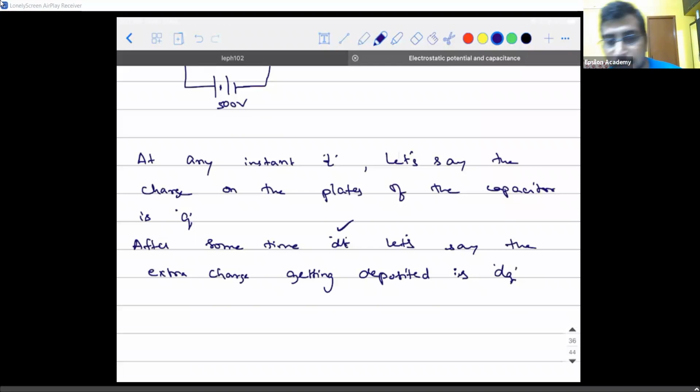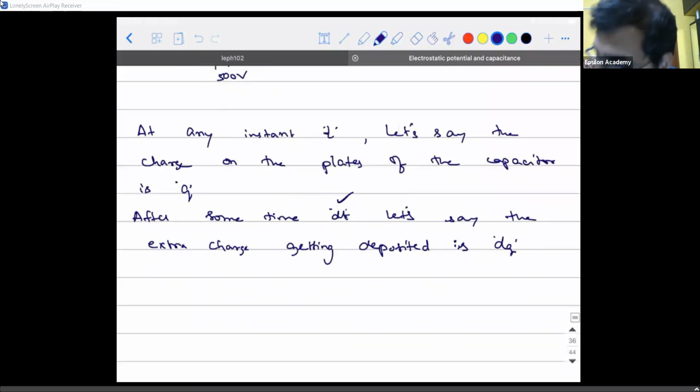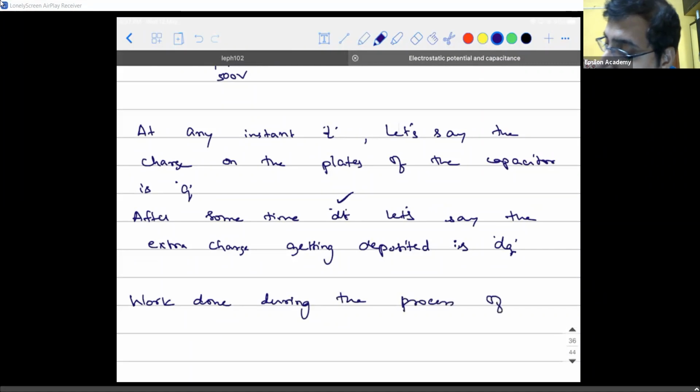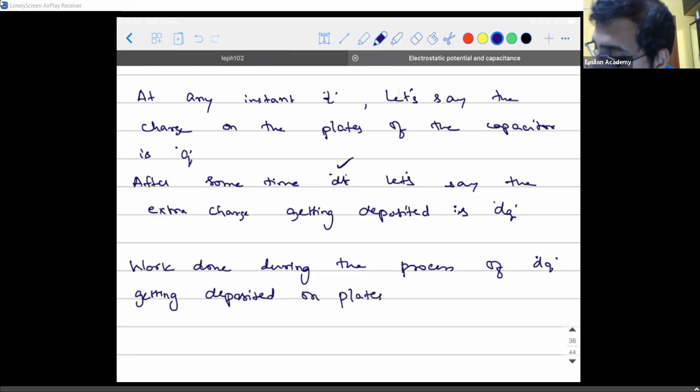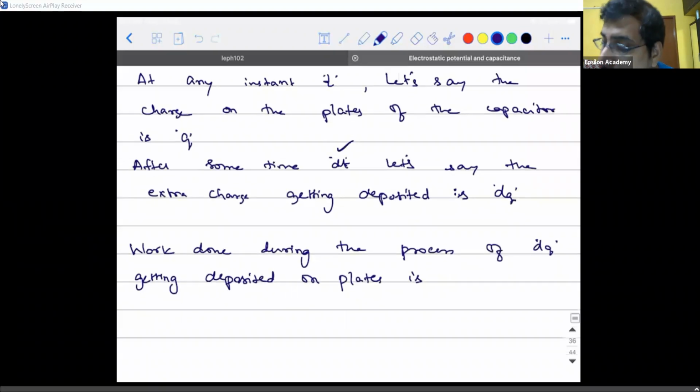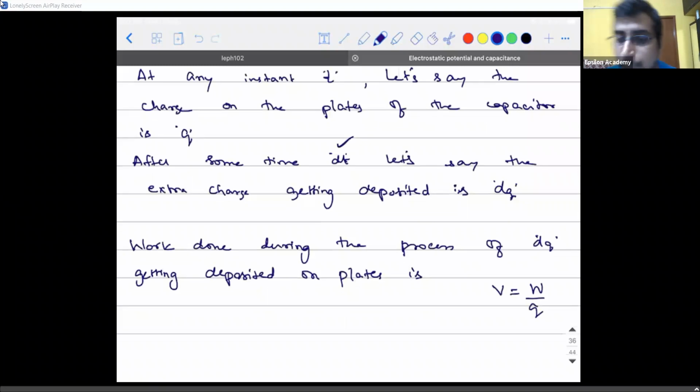Okay, now the work done during the process of dq getting deposited on the plates is how much? See, we know the formula V is equal to W divided by Q. I'm going to use this again and again.